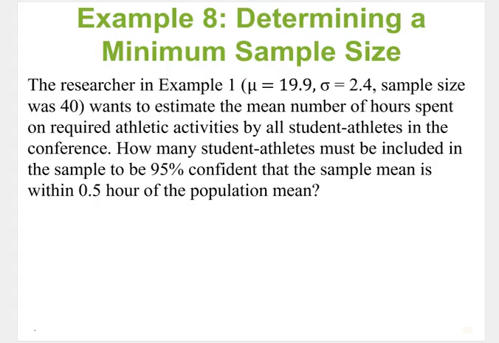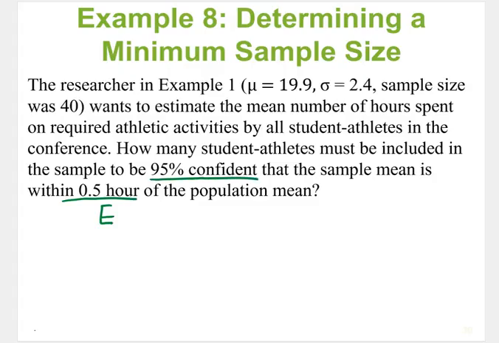So, for example, if I was a researcher in example 1, and I wanted to estimate the mean number of hours spent, how many student athletes must be included in the sample for a 95% confidence level? And we want the margin of error to be 0.5 hours. So this is my E. This is my level of confidence, right?